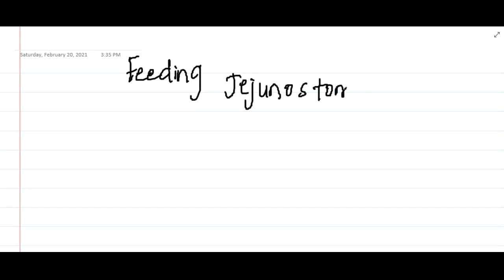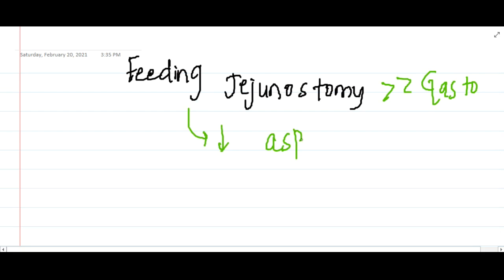Then we also have feeding jejunostomy, where we put the tube directly into the jejunum. This feeding jejunostomy is actually preferred over gastrostomy, because it has decreased risk of aspiration and is better tolerated, and it is good for severe pancreatitis.